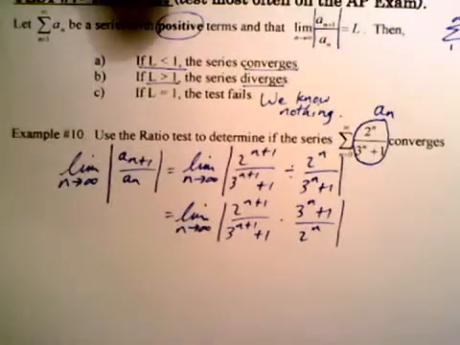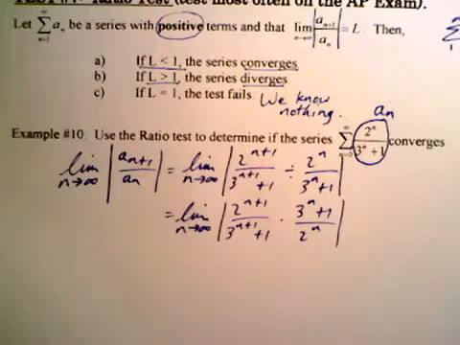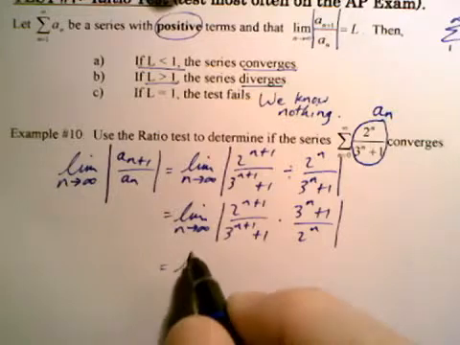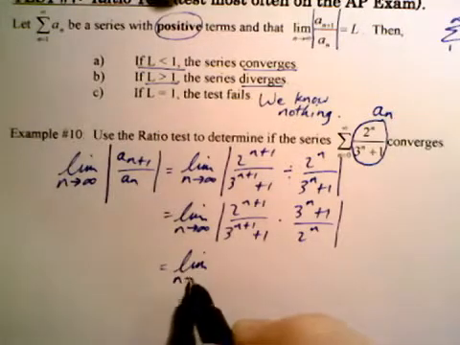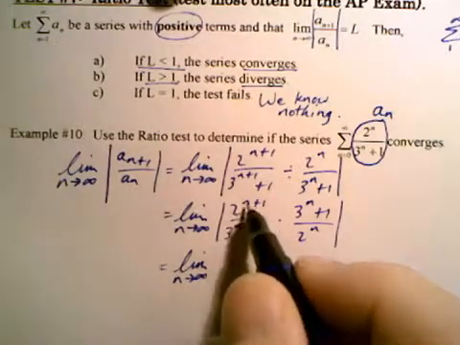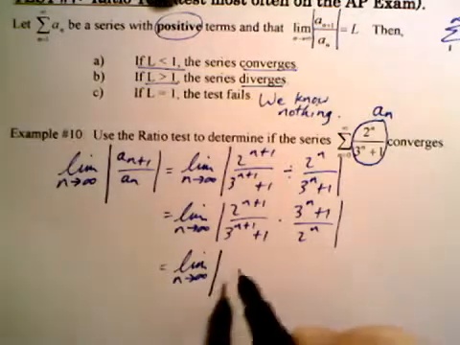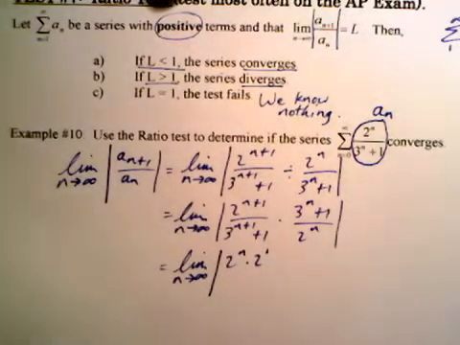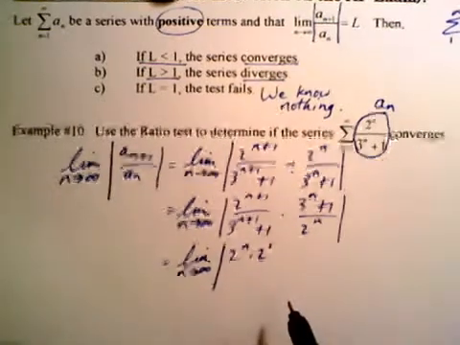Okay, when you get to this point, you're going to do this over and over again, so don't worry about it if you don't get it right the first time, if you don't understand. But it goes back to your algebra days. 2 to the n plus 1 can be rewritten as 2 to the n times 2 to the 1, if you want to think about it like that. Usually just write a 2.